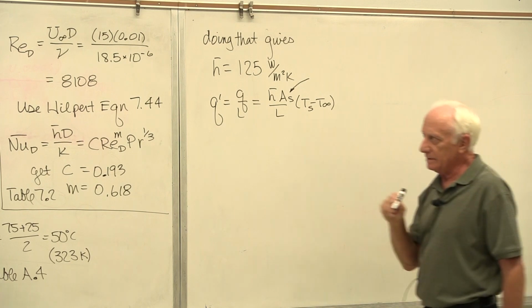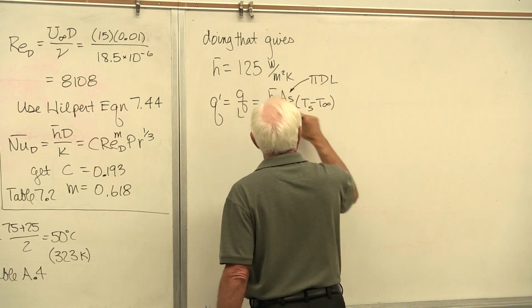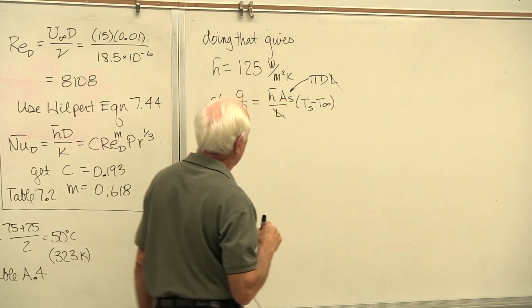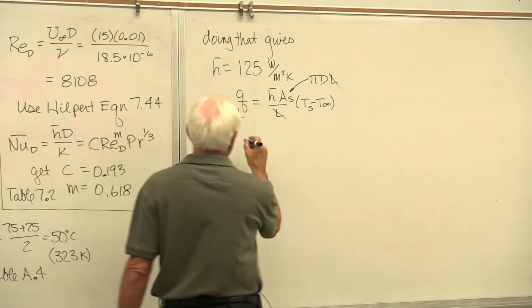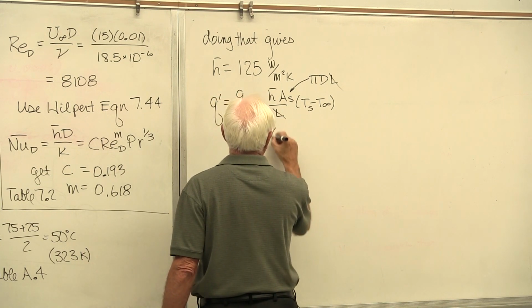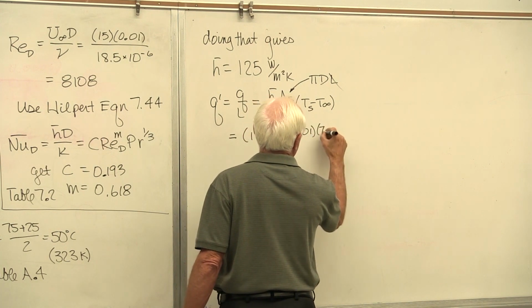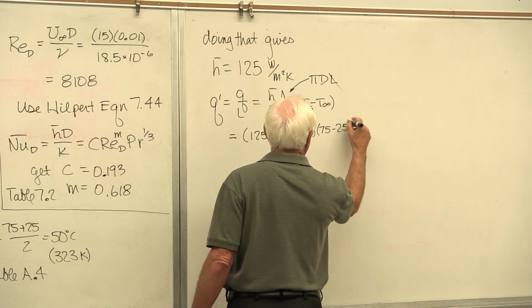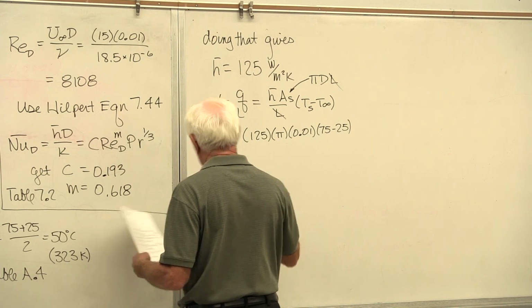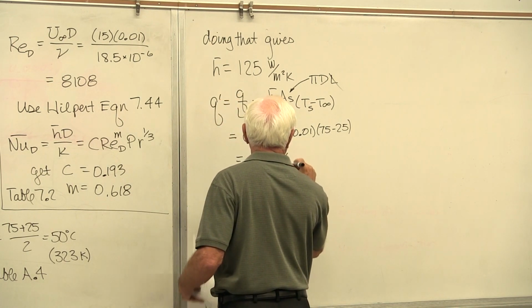Circumference, pi D, times length L. The L's cancel out. So Q prime is h bar 125, pi D, 75 minus 25. 196 watts per meter.